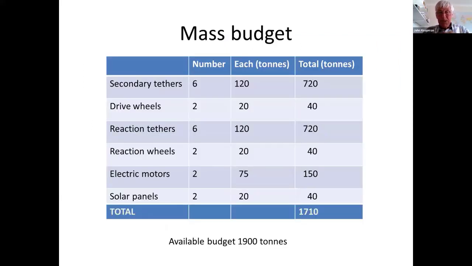Now, what's the mass of all this going to be? The total, as you can see there, comes to 1710 tons, and there are calculations behind this. It's not just a finger in the air. The available budget at the apex anchor is 1900 tons, so we're within that 1900 tons.